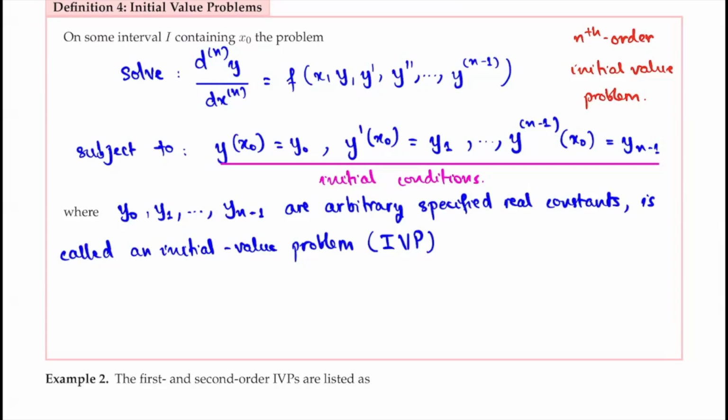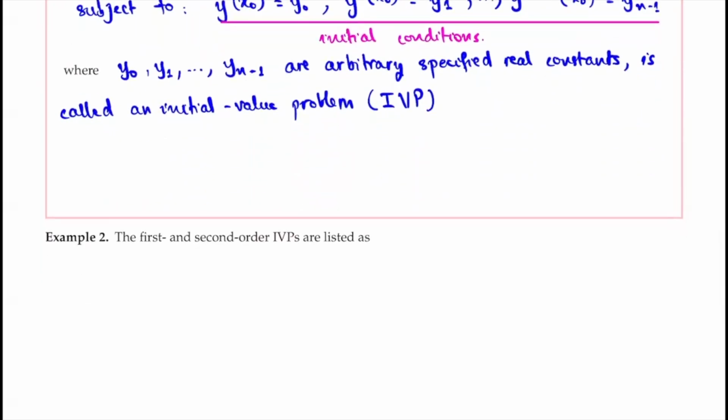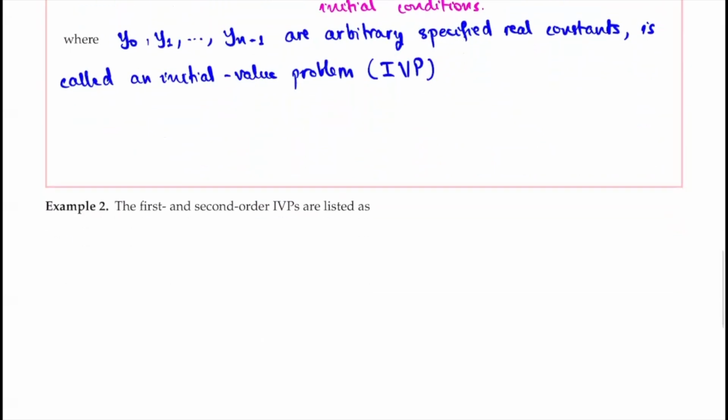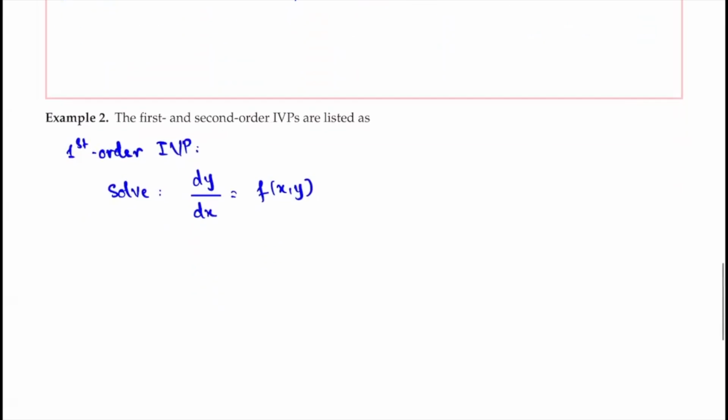More specifically, when you talk about the first order initial value problem or the second order initial value problem, here is what you have. For the first order initial value problem, you solve differential equations of the form dy dx equal to f of x comma y, subject to the initial condition y of x0 equal to y naught. So the first order differential equation requires only one initial condition.